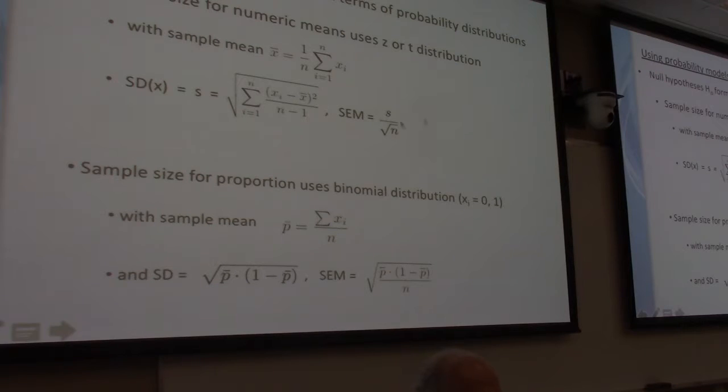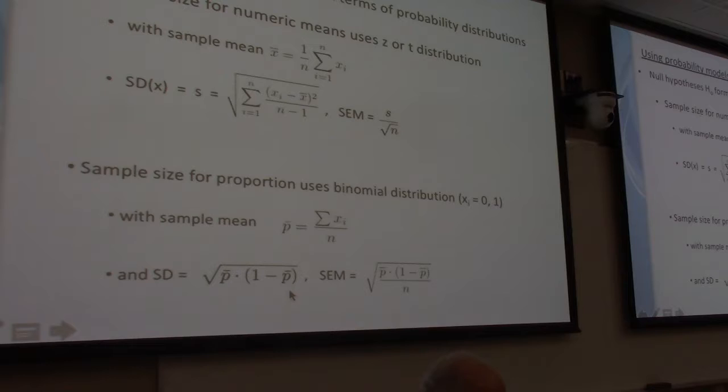And so there's a very intimate relationship when we're using the Z or T distribution between the standard deviation and the standard error. Now, when we're dealing with proportions, we again get a sample mean, which is just the number of heads divided by the number of coin flips. And we also get a standard deviation.